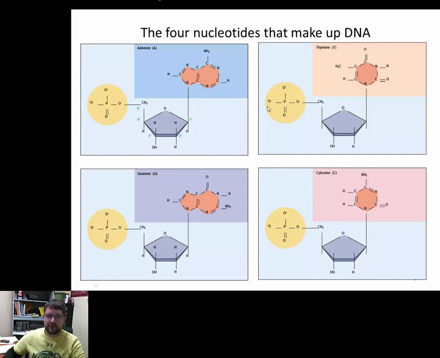Okay, so here you can see adenine binding to thymine, double ring, single ring, and guanine binding to cytosine, double ring, single ring. Now these molecules are really, really similar to each other.